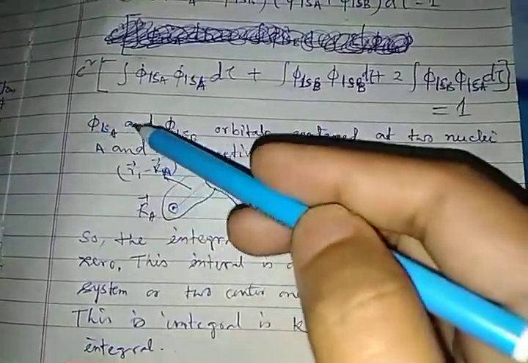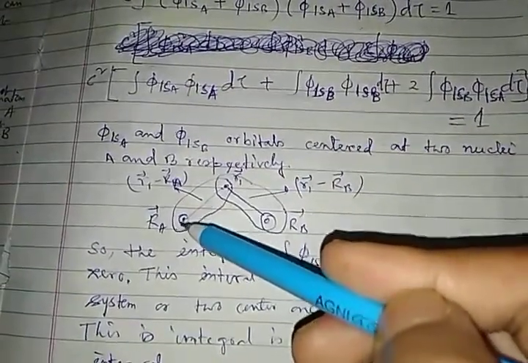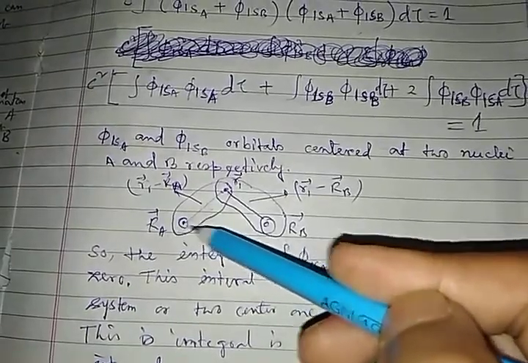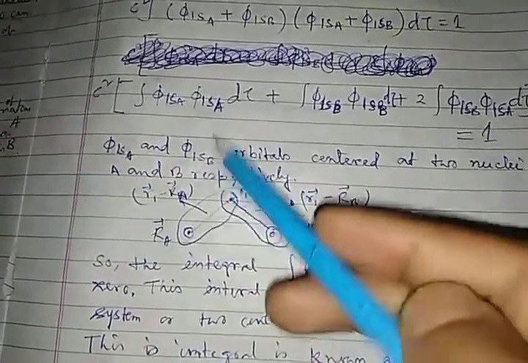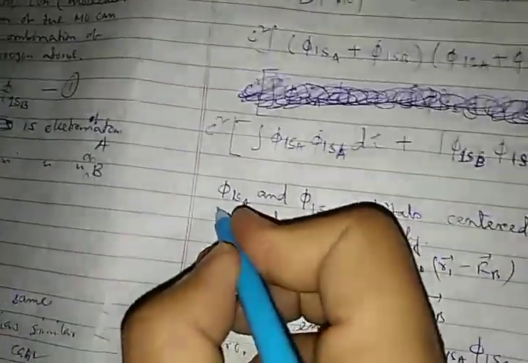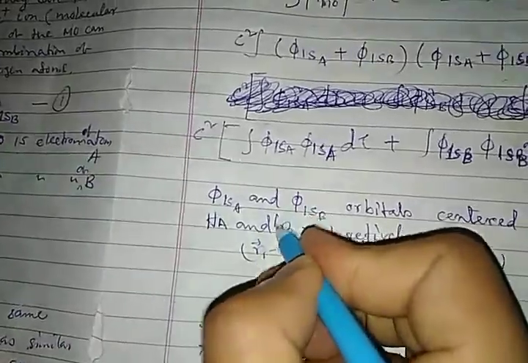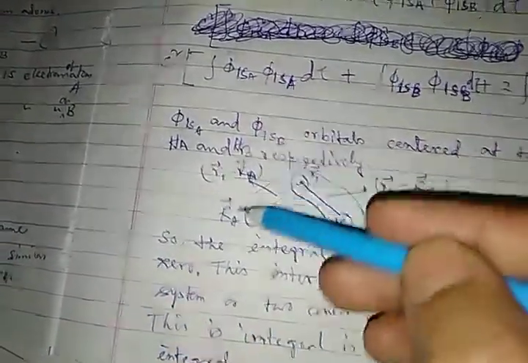Now this phi 1s a and phi 1s b are centered at nuclei A and B, the nuclei of HA and HB respectively.